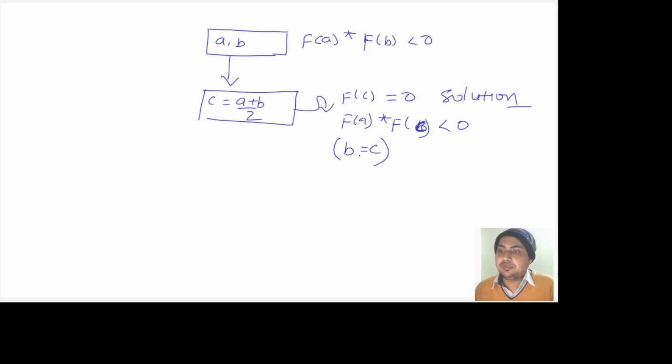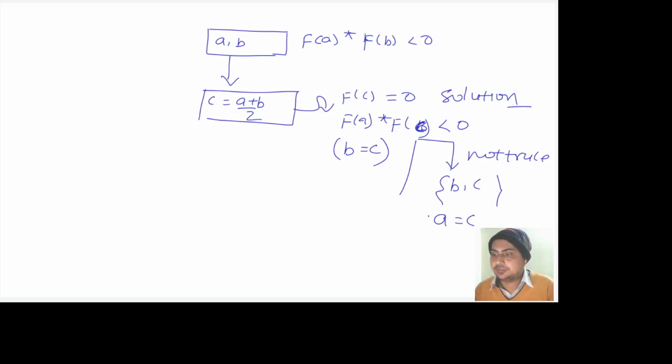Okay, so b becomes the c value, because the interval is between a and c. Now if this condition is not true, then the interval will be between b and c, and we will update a in that condition. a is equal to c.